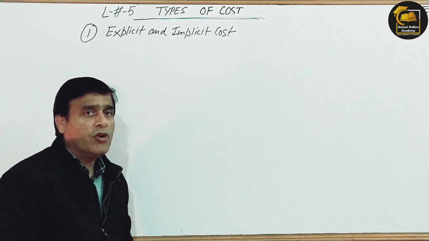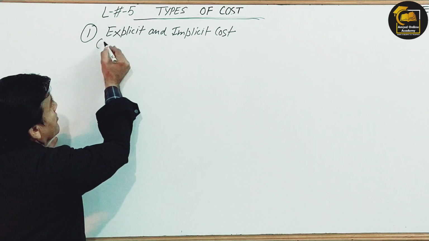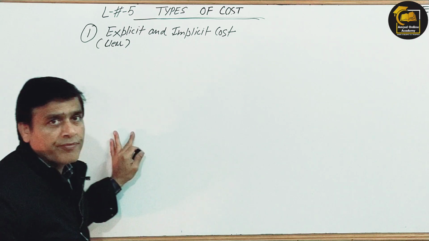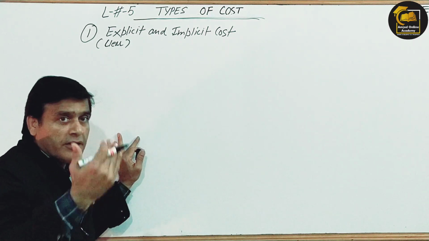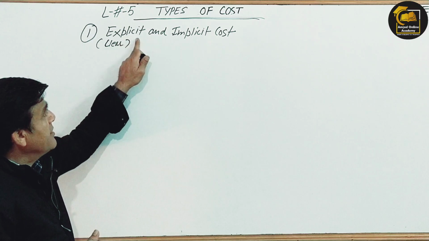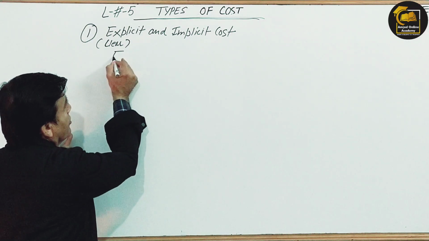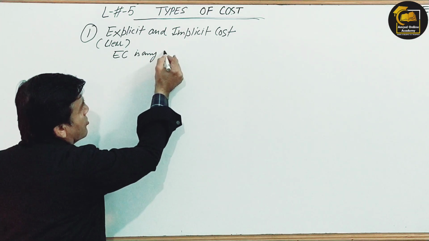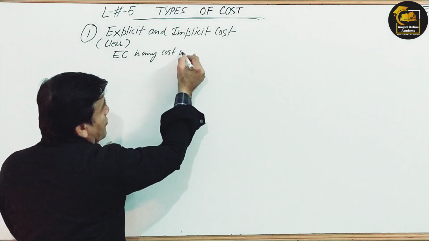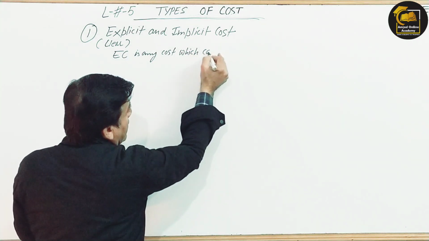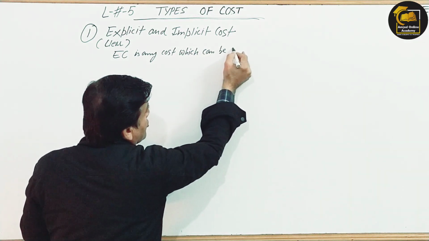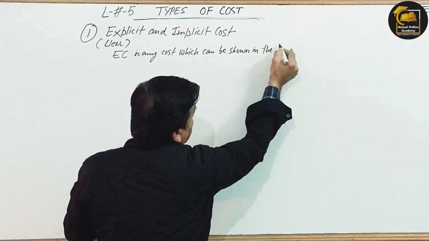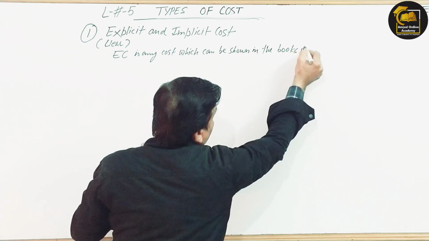Explicit literally means clear, which is very much clear. Now we can sense the meaning. Explicit cost, I will write in short: explicit cost is any cost which can be shown in the books of accounts.